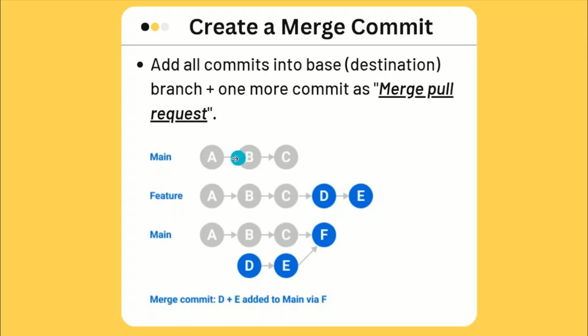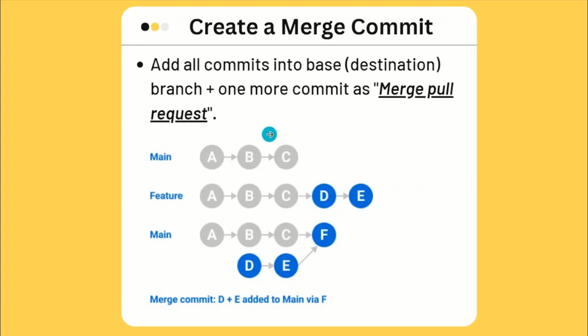Suppose you have the main branch and the main branch has three commits A, B, and C. You created another branch, a feature branch, from the main branch, so it also has the three commits A, B, and C. After that, you added two commits, D and E. Now you are creating the pull request to merge the feature branch to the main branch. At that time, you select create a merge commit.